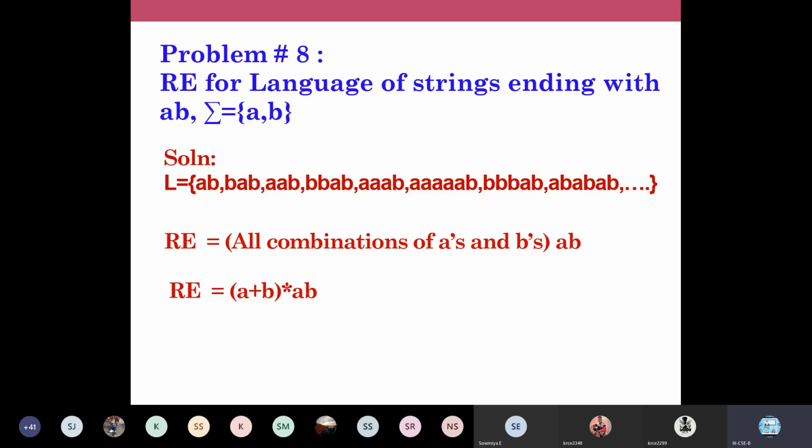The answer for problem 8, if it is not visible for anyone, just write down: regular expression is equal to (a+b)*ab. So this is the regular expression for the set of all strings ending with ab. Okay, the answer is (a+b)*ab. We shall go for the next problem.